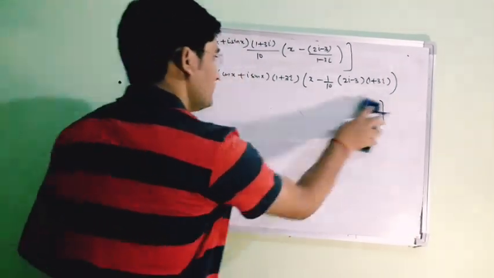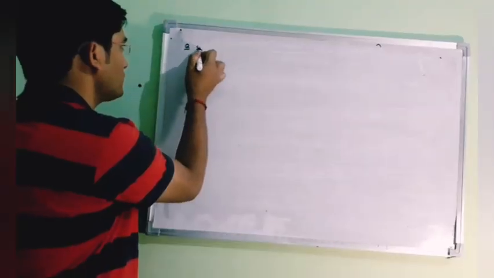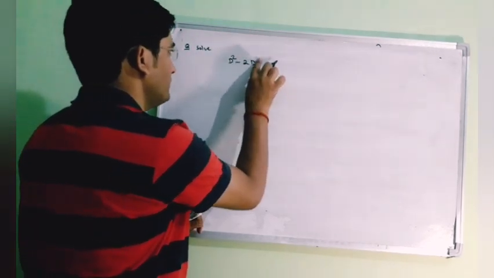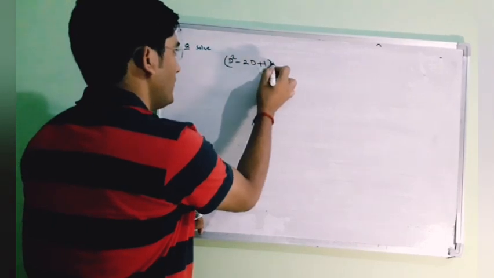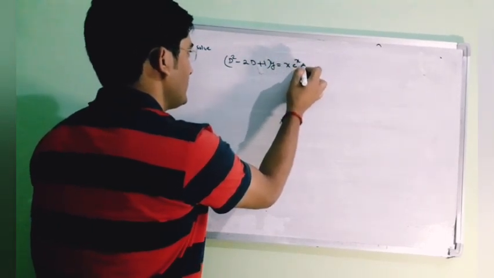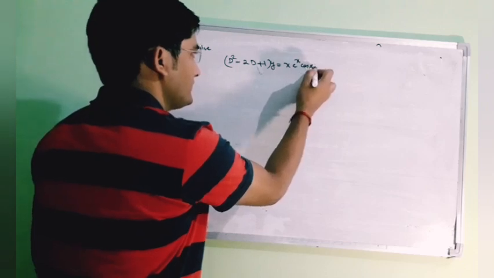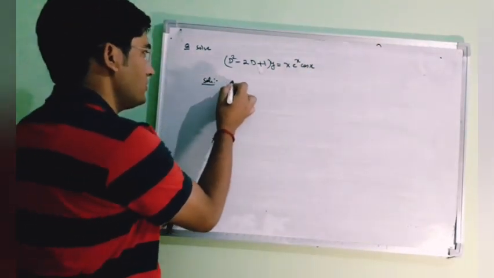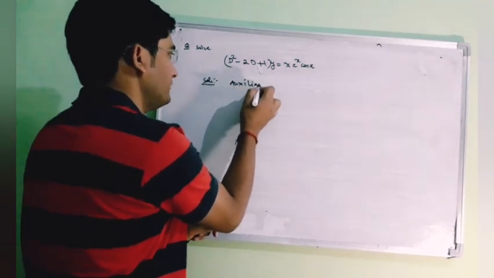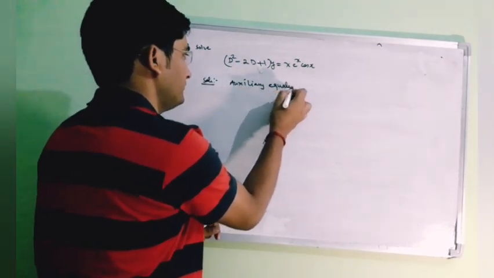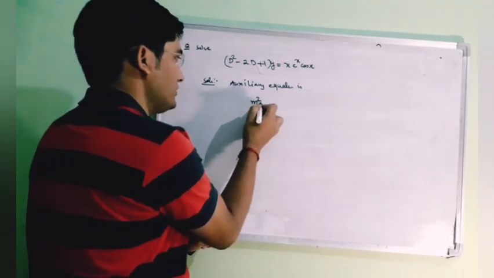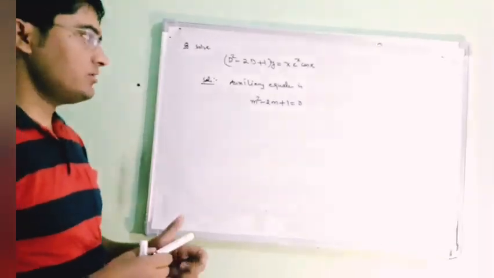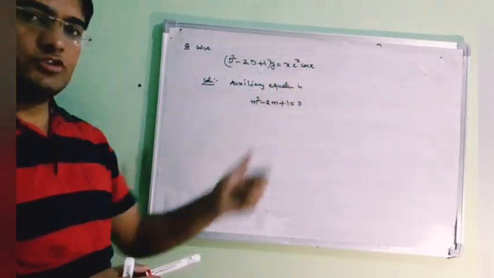Now let us solve a few more questions. To solve: d square minus 2d plus 1 of y equal to x e to power x cos x. Let us solve this question. So solution, your auxiliary equation will be, replace your d by m and put your right hand side as 0, because for the complementary function our right hand side should be 0.